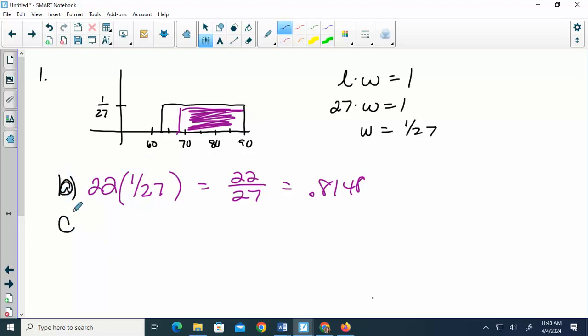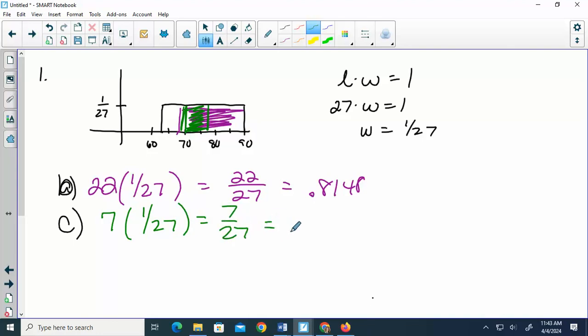If we look at C, we want the probability that you are between 70 and 77. So here's 70, 77. So we're finding the area of that. So how far is it from 70 to 77? 7 times the probability, the height, is 1 over 27.